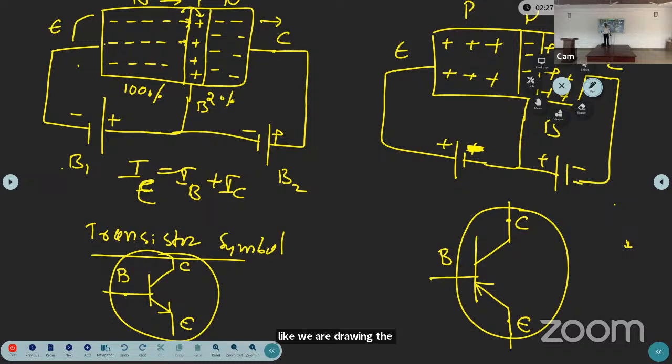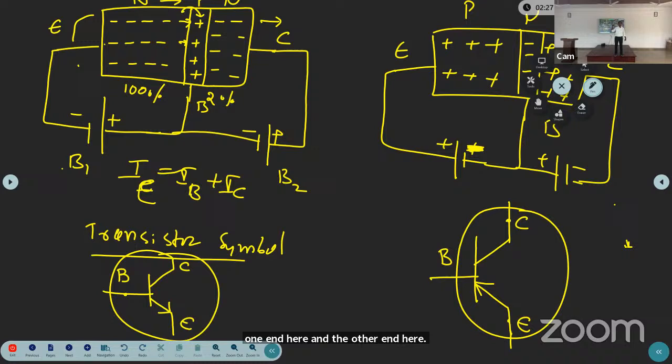You can draw the circle or no need to draw, nothing. Okay, so now the NPN and PNP are having the emitter, base and collector. Now this transistor we are using in electronic circuits. If two terminals are there, connect one circuit here and the other circuit here, one end here and the other end here. But here three terminals are there.